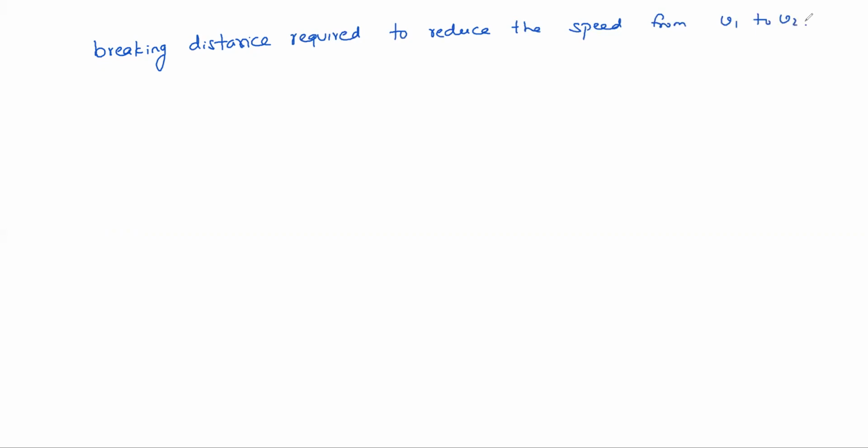Suppose you are going on the outer ring road, and you want to move to the exit path. The outer ring road speed limit is different, the exit path speed limit may be different. Suppose on the outer ring road you may be traveling with 150 kmph, not a problem, if it is designed for 150. Suppose you want to exit from the outer ring road, one lane will be there. In that lane, suppose the speed limit is only 40 kmph. So you need to reduce the speed from 150 kmph to 40 kmph.